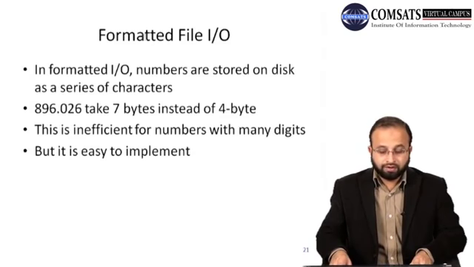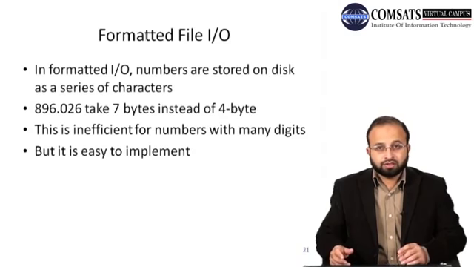So for example, if you have an integer value 4967880, that is 7 digits, and it will take 7 bytes in a formatted file I/O, but in binary file I/O it will take only 4 bytes in memory. So that's why it is an inefficient approach if we want to store a large number in a file.